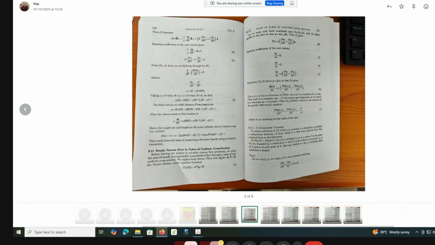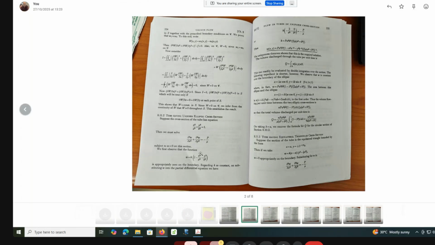Similarly, we are trying to solve for this pressure and this unknown W. W is the flow in the Z direction, the Z component of your velocity. But that depends on both X and Y. So far, what you have seen depends on only one variable, so that is the ODE and we are able to solve directly. Here it becomes a PDE. So you need a uniqueness theorem, and then you know how to solve it.